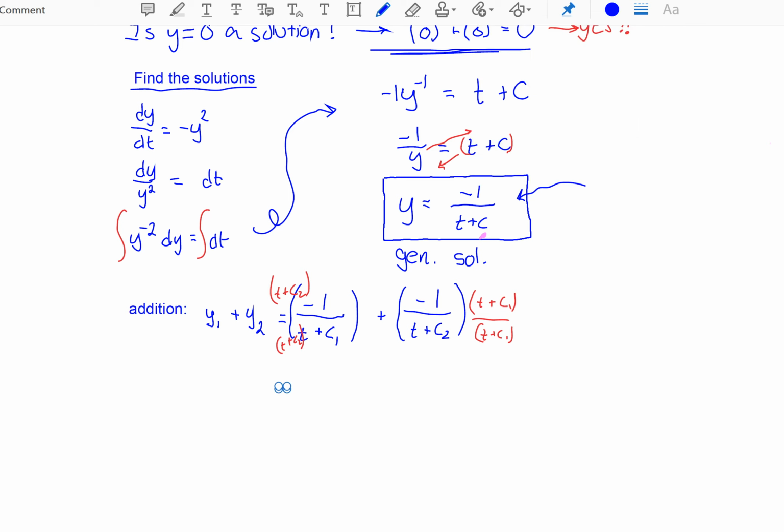But I think what we would get back would be, let's see, it would be -1 times t plus c2 minus 1 times t plus c1 all over our common denominator, which would be t plus c1 times the t plus c2.